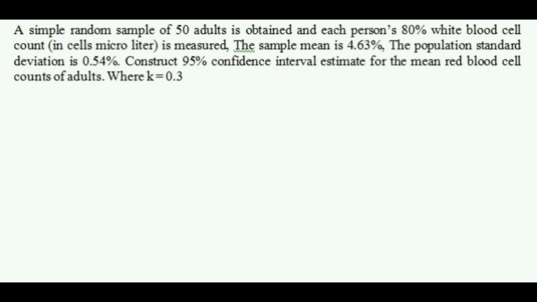This is a very simple problem because we're only finding the 95% confidence interval, which is the lower and upper bounds, and the sample mean is given, K is given, and standard deviation is given.